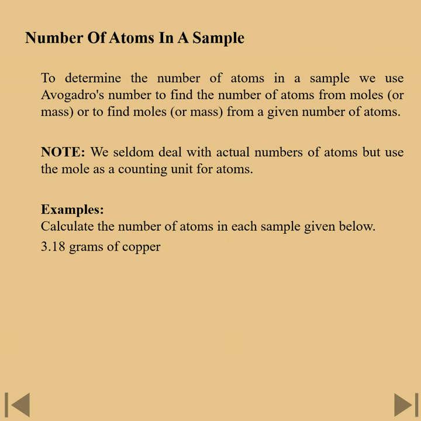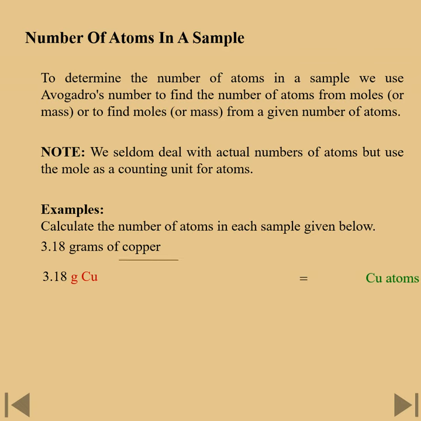Let's calculate the number of atoms in 3.18 grams of copper. Well, we are still using our units, and that's a good thing. We're after an actual number of copper atoms. Step 2, I think it's obvious, we're going to start with that 3.18 grams of copper.